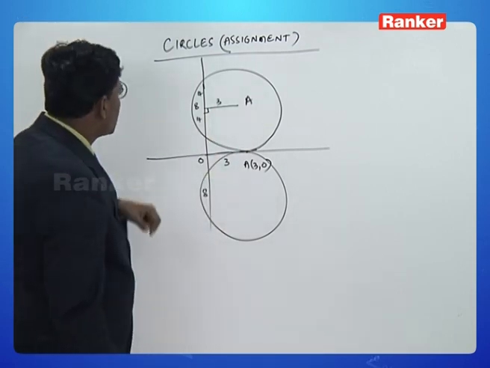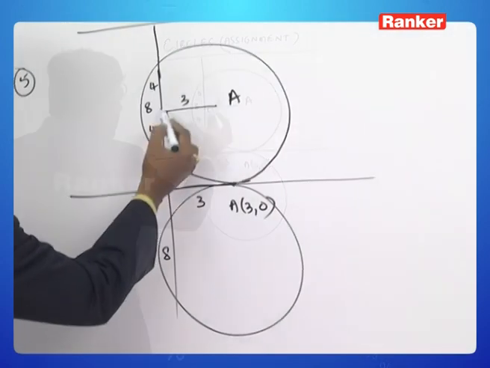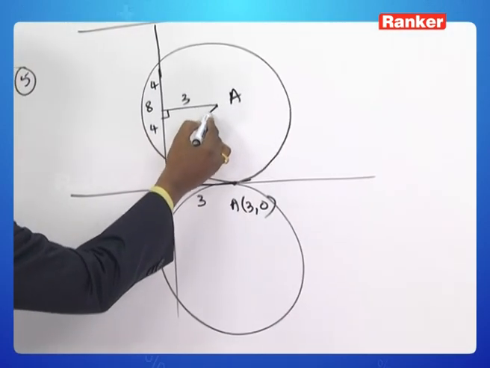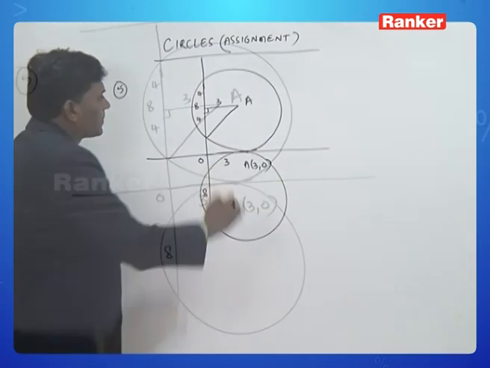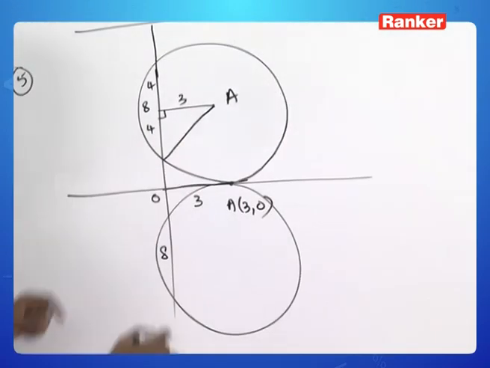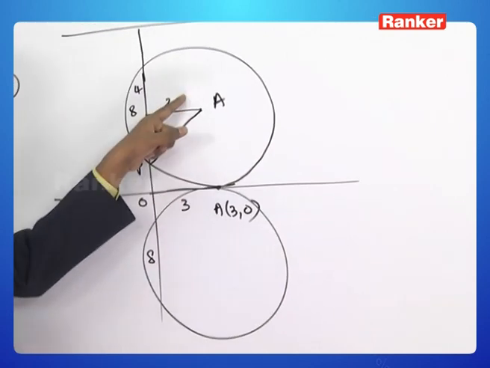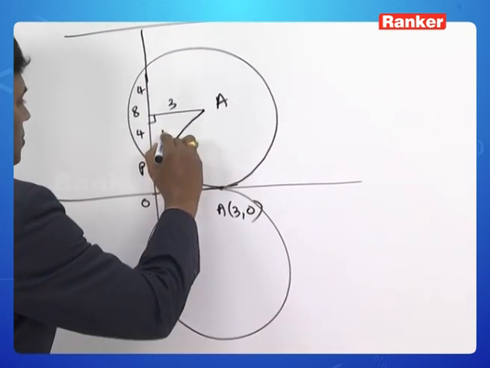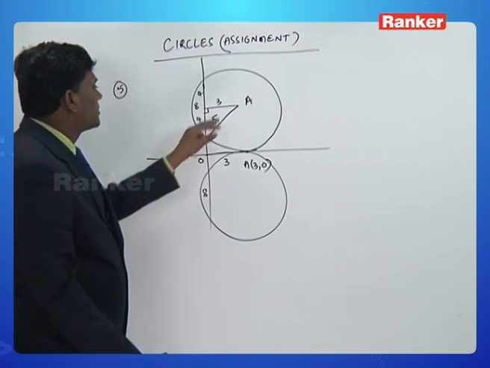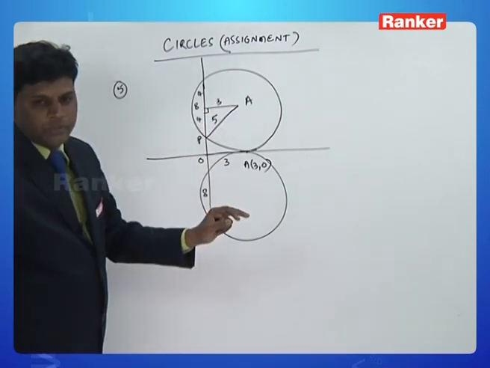Now if you observe closely in this diagram, this is 3, this is 4. If you join this, now this AP is clearly representing the hypotenuse of this right-angle triangle whose length is 5 units, square root of 3 squared plus 4 squared.